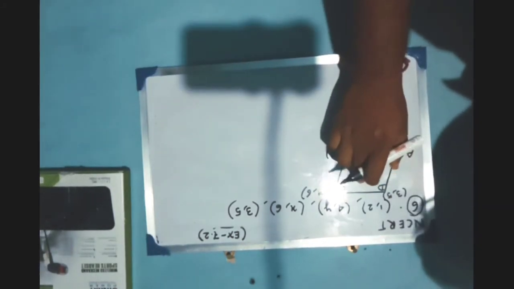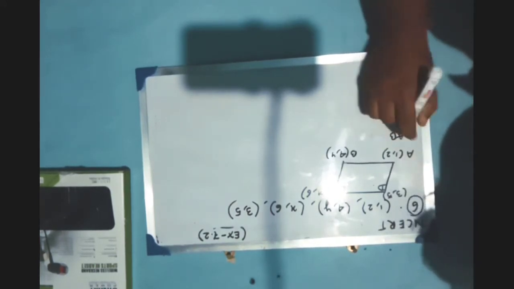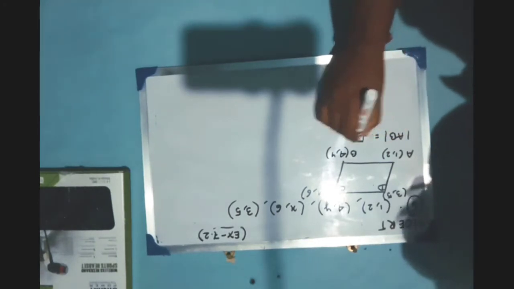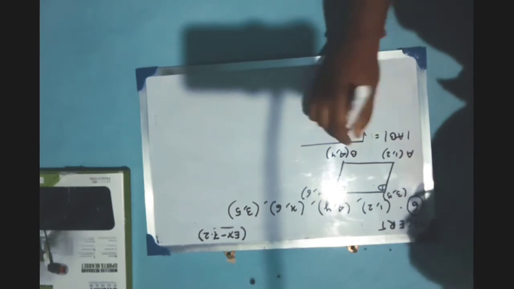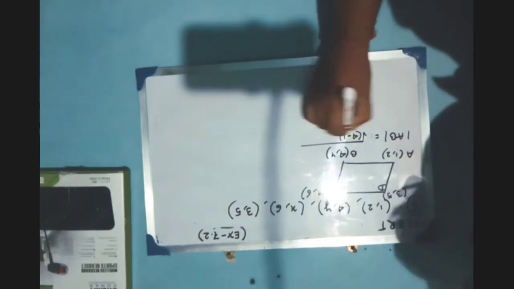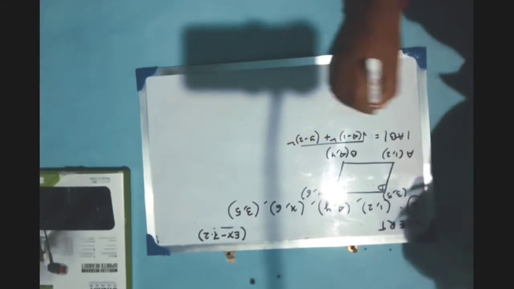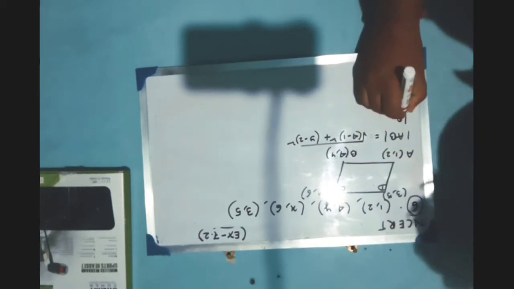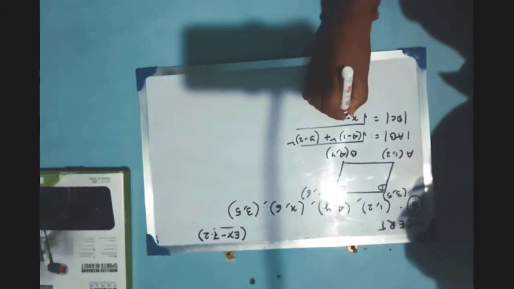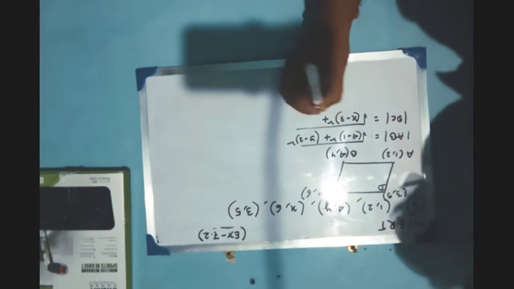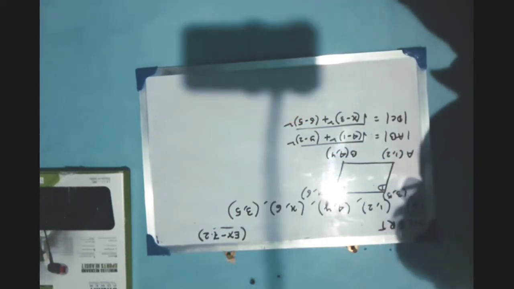That means AB is equal to root under of (4 minus 1) whole square plus (y minus 2) whole square, and DC is equal to root under of (x minus 3) whole square plus (6 minus 5) whole square.